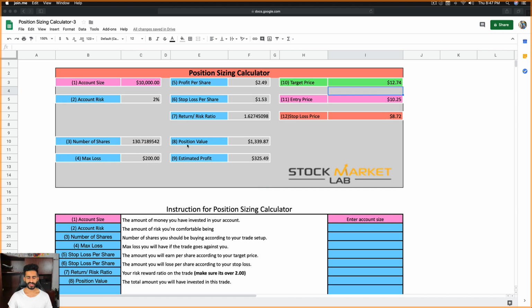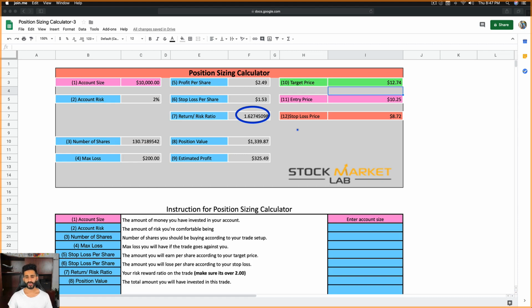What this is telling us is if we take this trade, this is how much we are basically going to lose, and this is how much we are basically expected to make if the stock goes to 12.74. Now, obviously, looking at the reward to risk ratio, it's not a good sign. So if I don't see anything above 2, I personally don't take the trade.